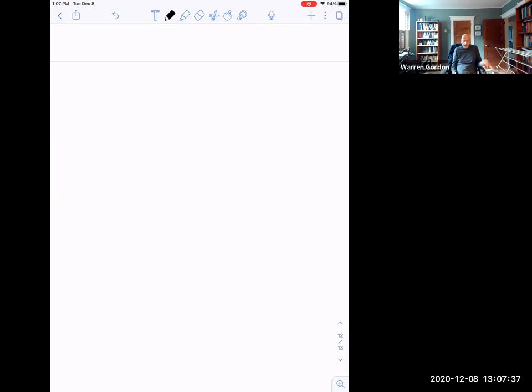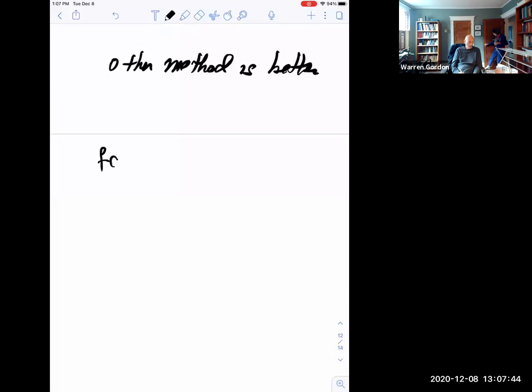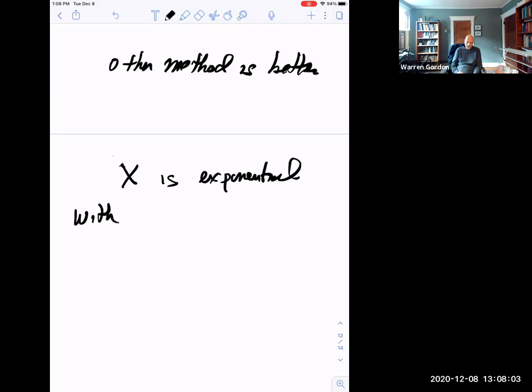I should remark, let's suppose I tell you f of x is exponential. Let me say it differently. Suppose I tell you x is exponential with mean 2.